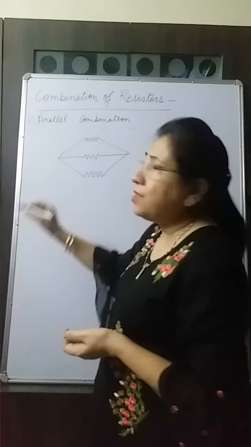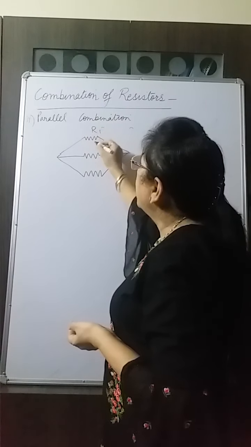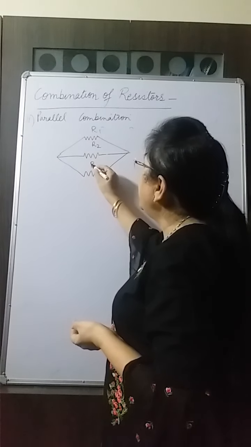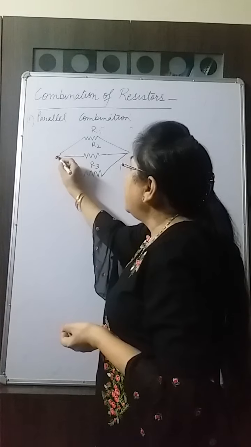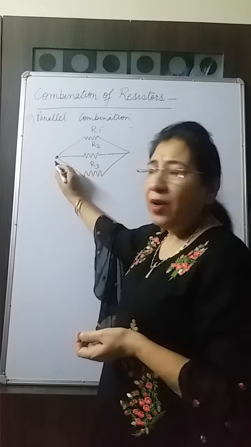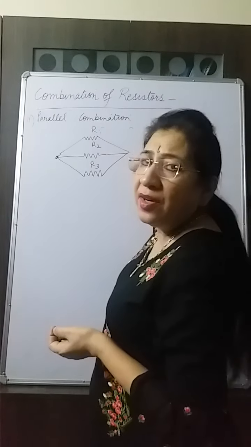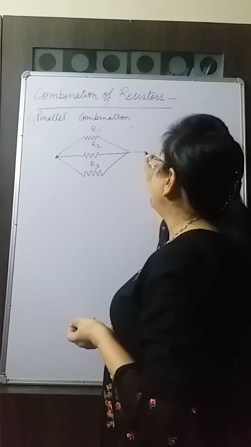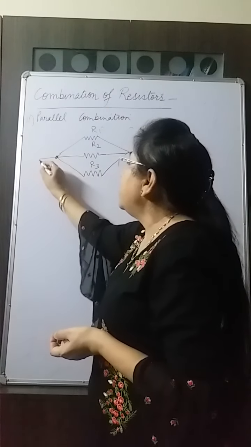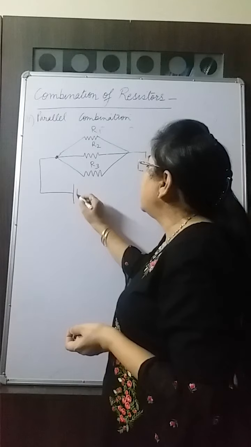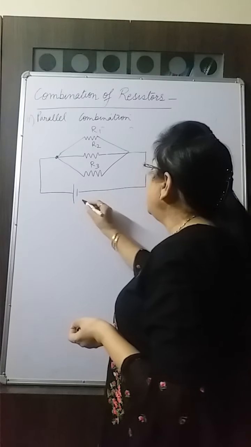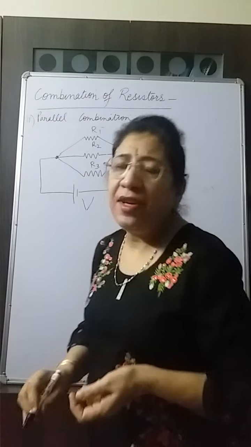These are the three resistors R1, R2 and R3, and one end is connected to a single point and the other end of all the three resistors is connected to again a different point, and this combination is connected to a source of potential V, a battery V.